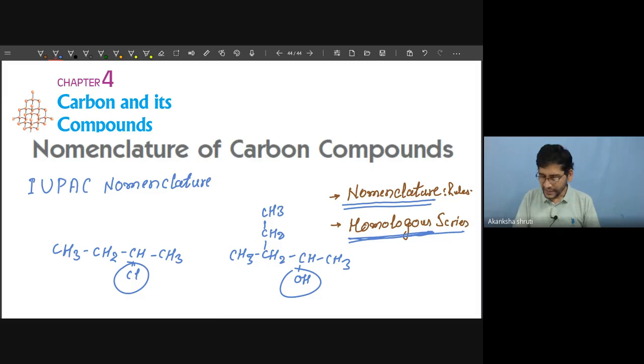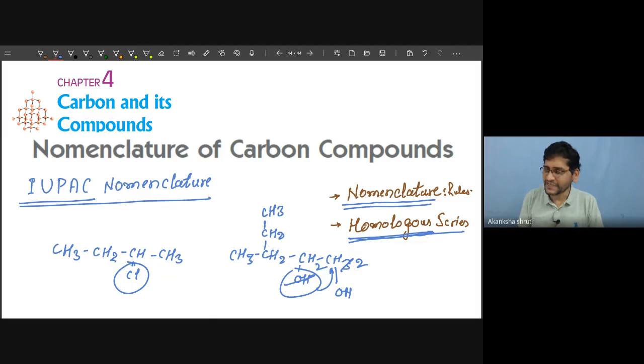It may be possible that this OH is present at this end, reducing this to 2 and making the OH here, increasing this to 2. Then how to differentiate them? Remembering the common names is quite difficult. Therefore, a system which is internationally acceptable, called the IUPAC system of nomenclature, is adopted.